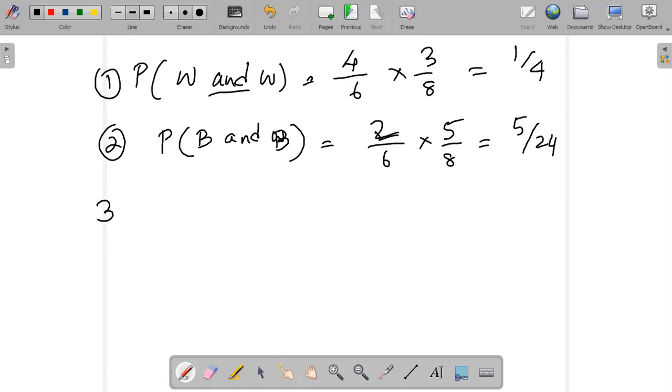Now the third one is like you have been given one is black and another is white.